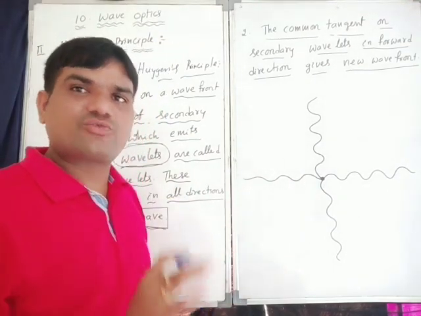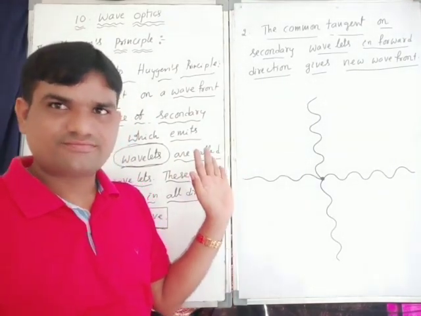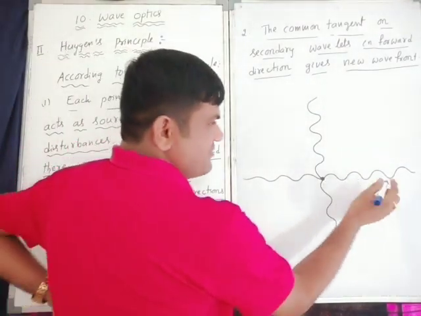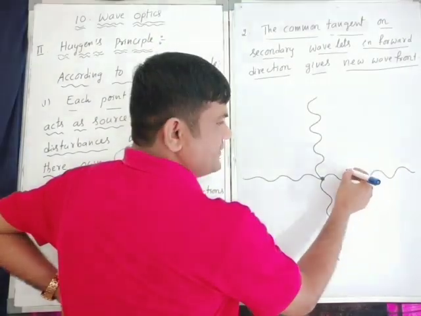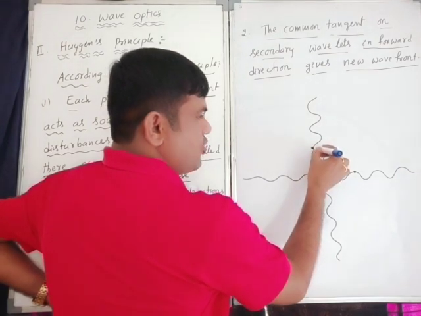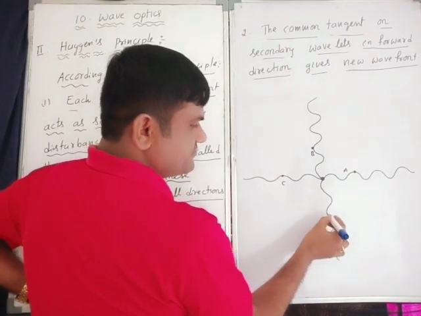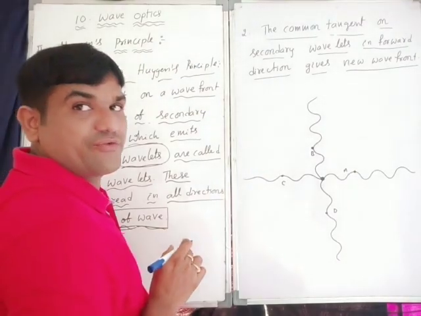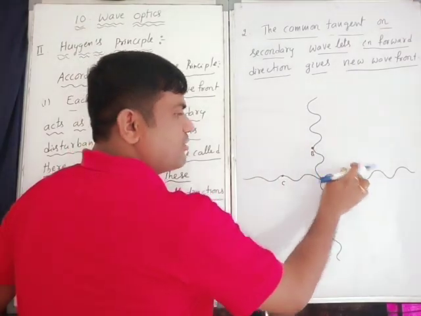The wavefront is nothing but, we want to consider the same phase on each wave, right? For example here, first point A, and there is a crest, here also a crest. So this is the point B, this point C, and this is the point D. So wavefront is nothing but, the same phases we join with the help of one line.